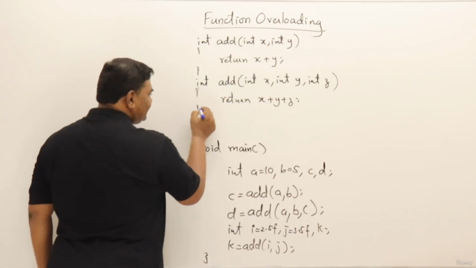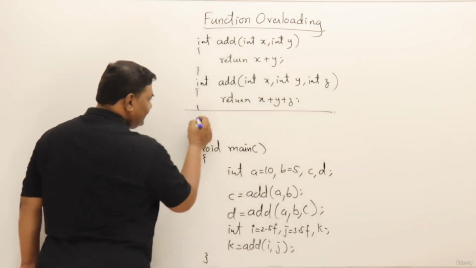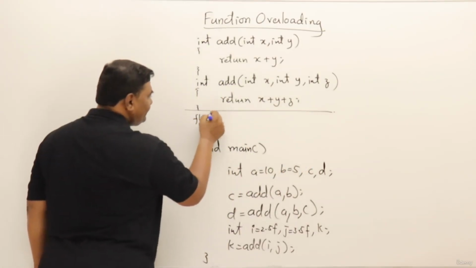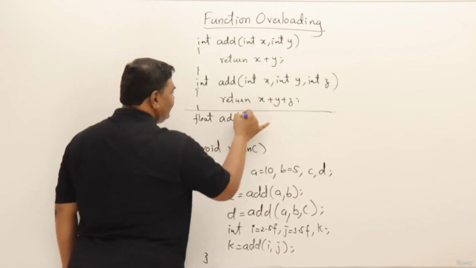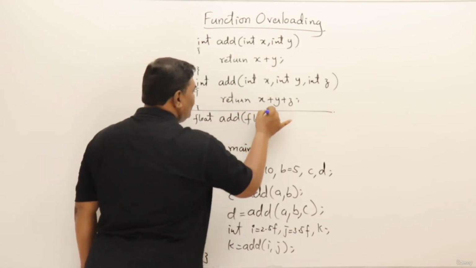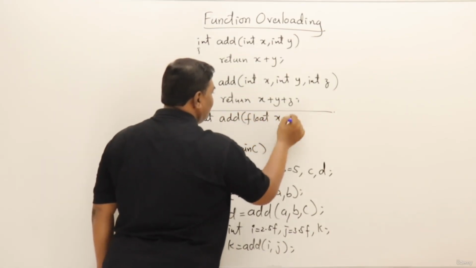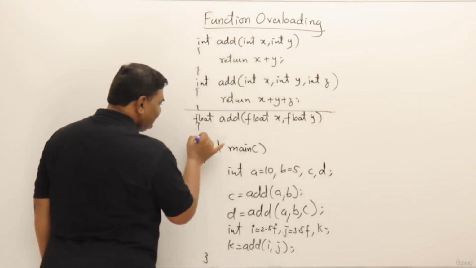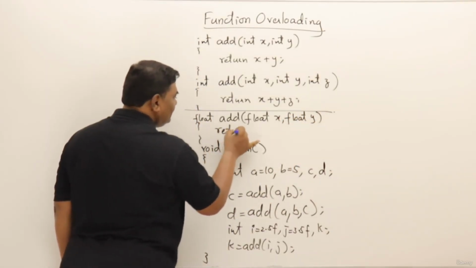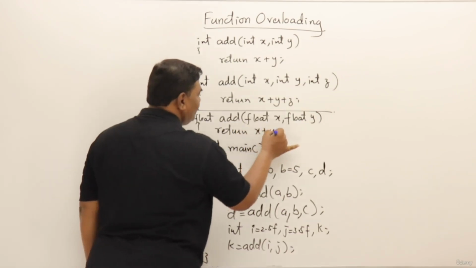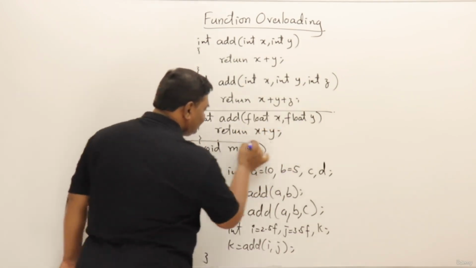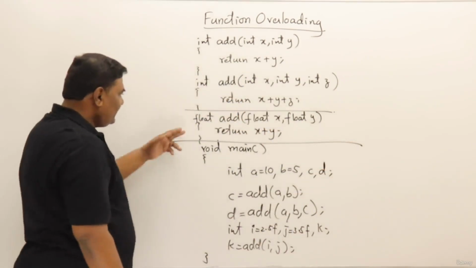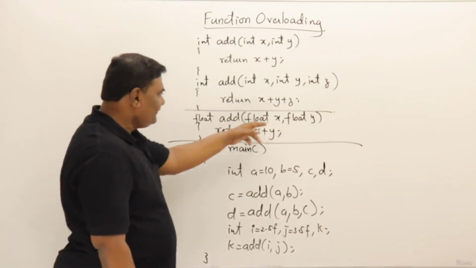Let me write it here in a small space. I'll just separate it. So float add, which is taking two floats, float x and float y, and this is returning x plus y. Yes, I'll separate this also. So now I have one more function which is taking two floats.